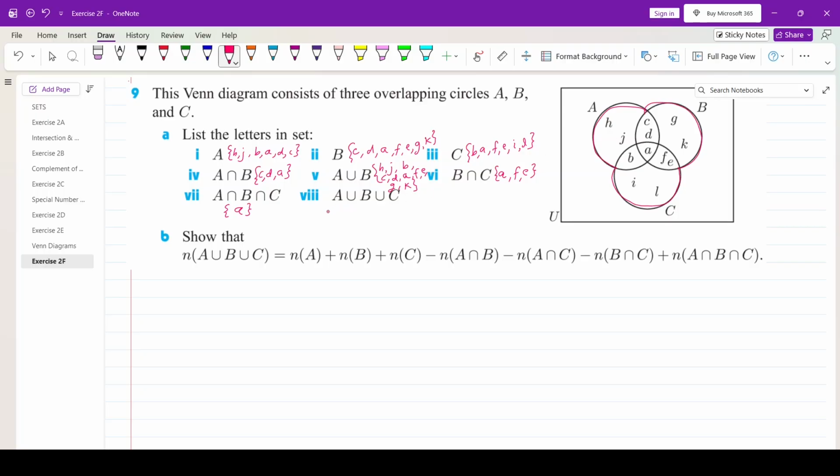So that is going to be A, B, C, D, E, F, G, H, I, J, K, L.